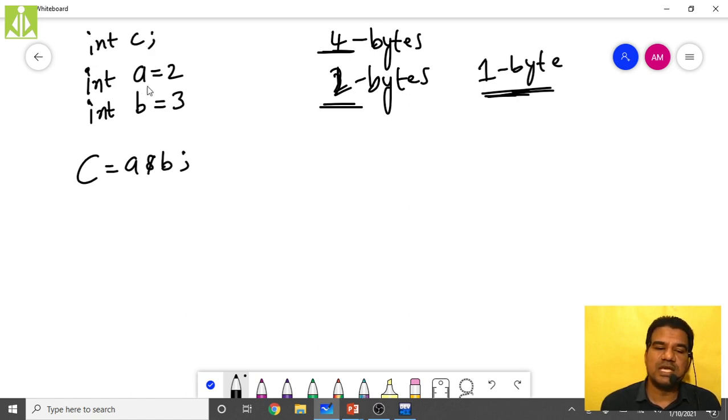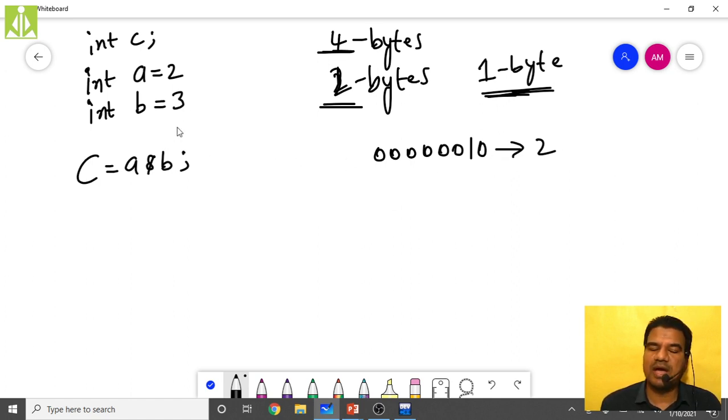First we'll see how A will be converted. A we said 2, right? What is the binary equivalent for 2? 1 0. And we said we are performing up to 8 bits, so this is only 2 bits. How many bits do I have to add here? 6 more, 1 2 3 4 5 6, so 8 bits. This is 2 in 8 bits.